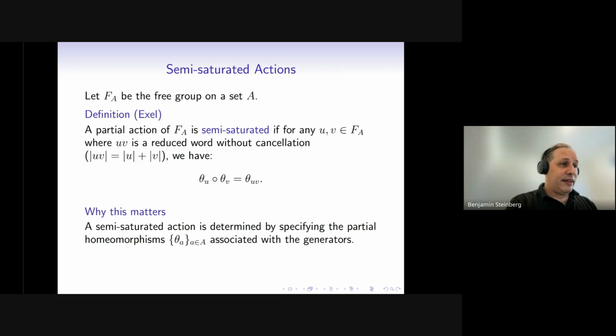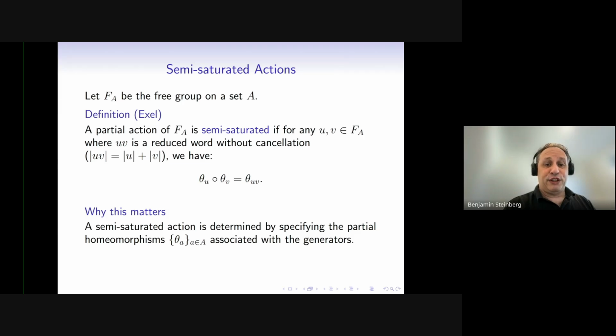Okay? So why is this special? Because these kinds of actions are completely determined by what the generators do. So you tell me what the generators do, and then given any reduced word, this condition here tells me how the reduced word must act. And Exel proves that if you do the obvious definition of how a reduced word should act to meet this condition, then you do get a partial action.